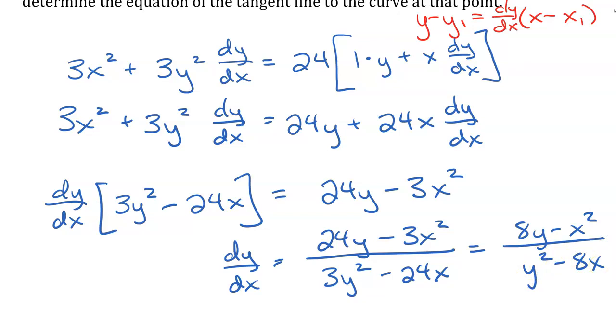So we use the (12, 12) point that they gave us, and we put that into the equation. We just found the dy/dx. To get the slope, use your calculator. That's what it's there for.